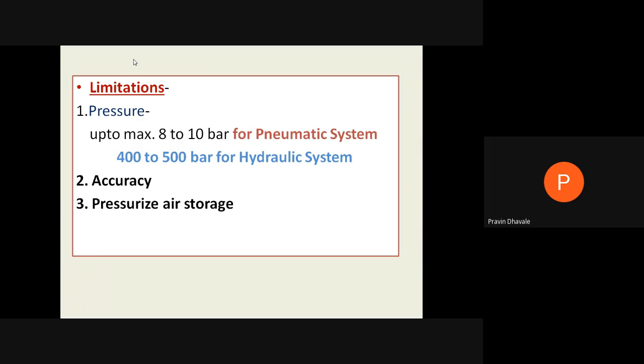So in the air reservoir, we continuously push pressurized air into an air tank. The pressure of the air in the tank increases, and that pressurized air is supplied to the different devices of the pneumatic circuit. So these are the limitations.